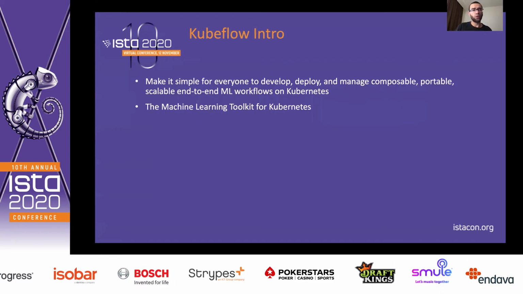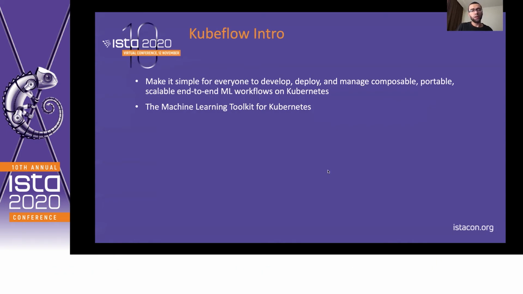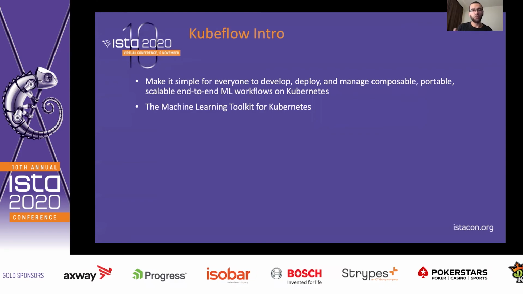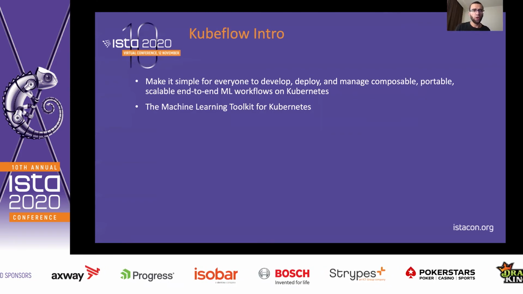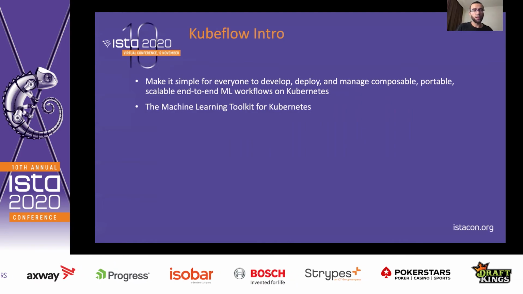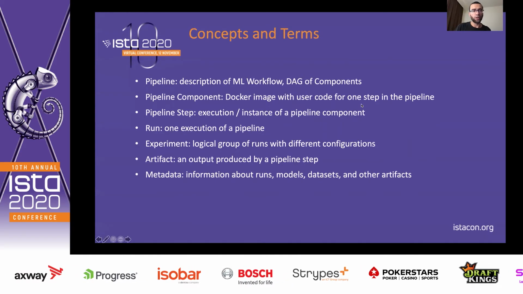So let's start with Kubeflow. It enables us to handle scalable end-to-end machine learning workflows on Kubernetes, and portable also, because everywhere you have Kubernetes you can have Kubeflow, so you can port your workflows. It is called the machine learning toolkit for Kubernetes.